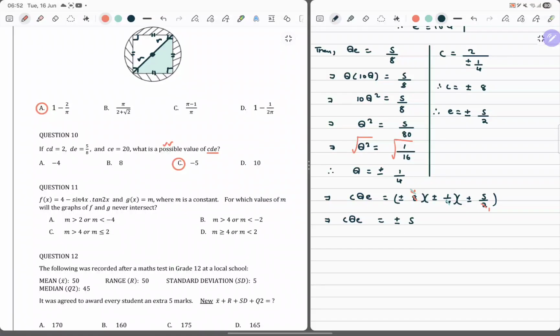So we can say here, therefore, CDE is minus 5. Therefore, our answer is option C. Now, under these circumstances, it tells us that all these values that are valid here are these ones, the negative values, technically. But again, one can just do the calculation like that and just look for the solution.